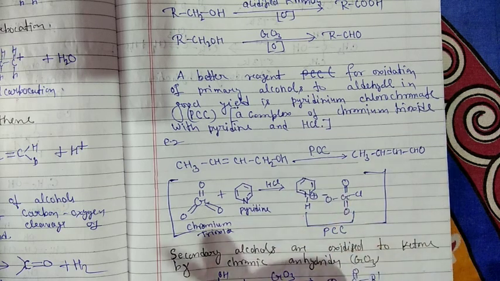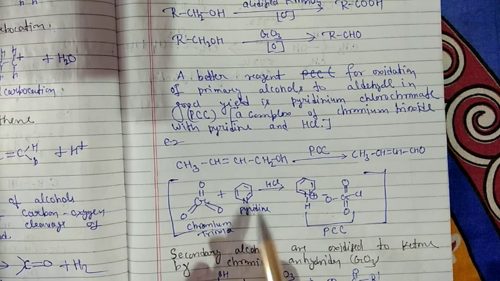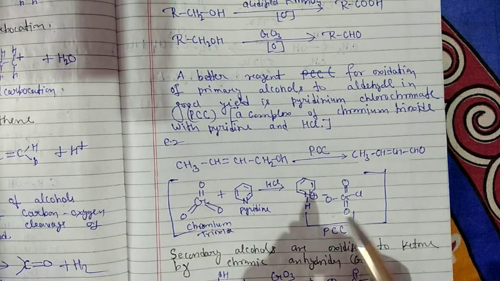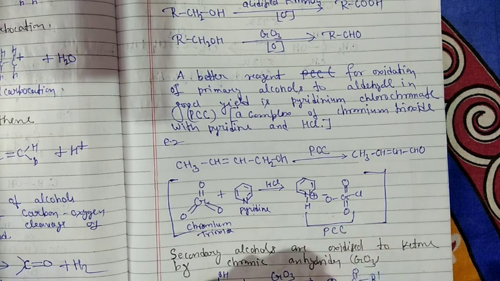What is PCC? Chromium trioxide reacts with pyridine in the presence of HCl to form PCC, pyridinium chlorochromate.